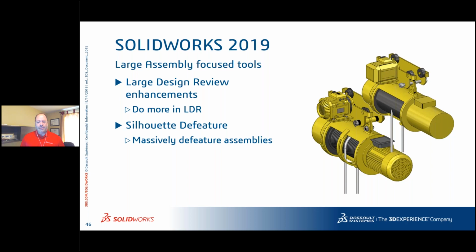You can also select identical components. And there's an associative link between the defeatured model and the original one, so if there's a change, it can be updated both ways. And there's just so much more, right? There are over 200 more enhancements in 2019. So there's just a lot with 2019.